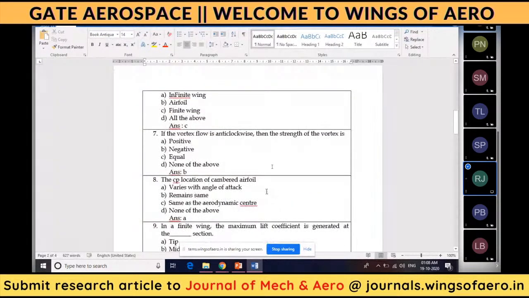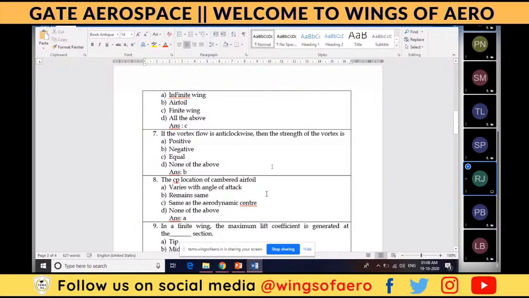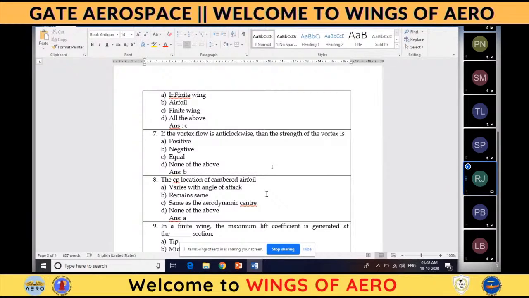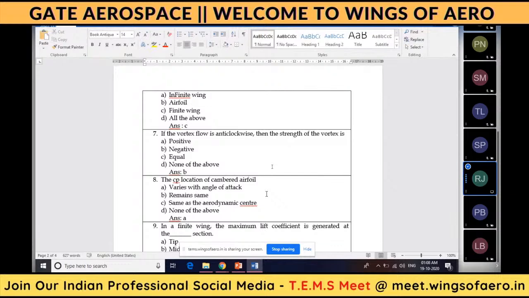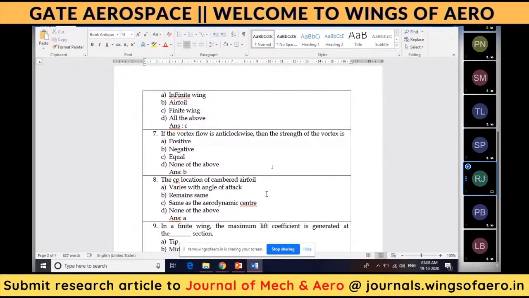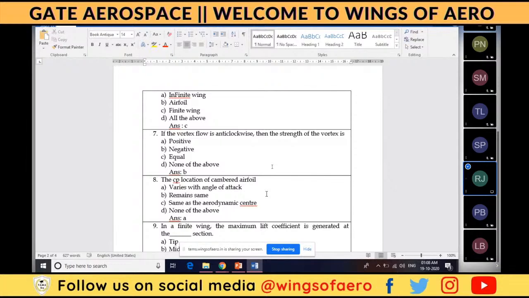Then 8th one, the CP location of a cambered aerofoil. The answers are: varies with angle of attack, remains same as aerodynamic center, none of the above. For a symmetrical aerofoil, the CP and aerodynamic center are in the same location. But for a cambered aerofoil, in the last session we have seen in thin aerofoil theory that we find XCP, the location of the CP.